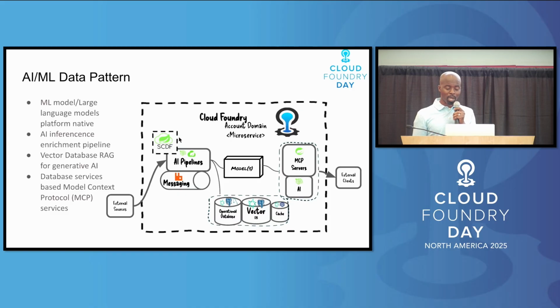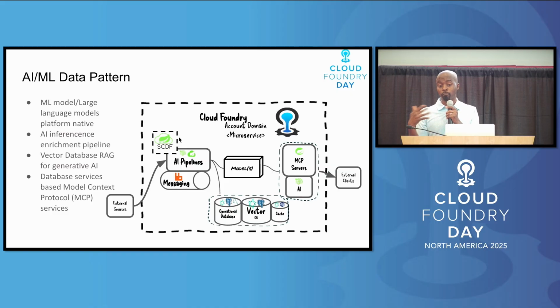Now, again, think about those Spring Cloud Data Flow orchestrated pipeline applications. Now they can start using the power of projects like Spring AI to enhance that data on the fly as it comes into the system. So, for example, you can convert that data to vector embeddings. You could do classifications.